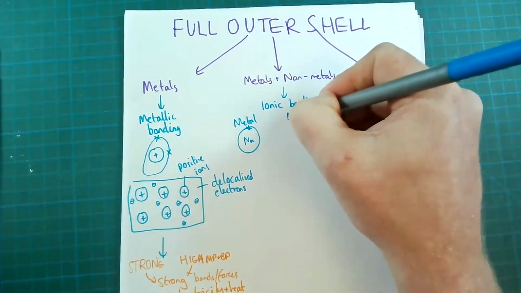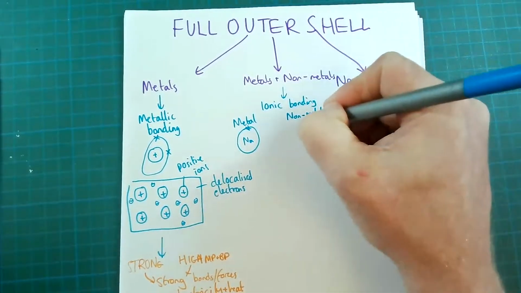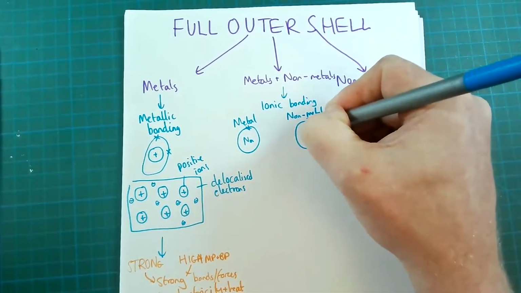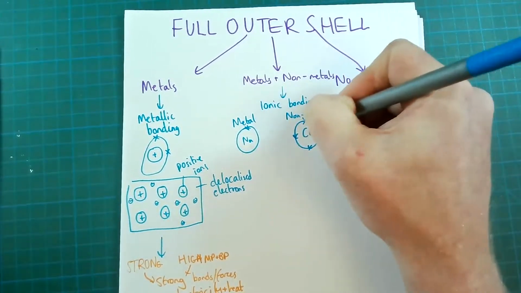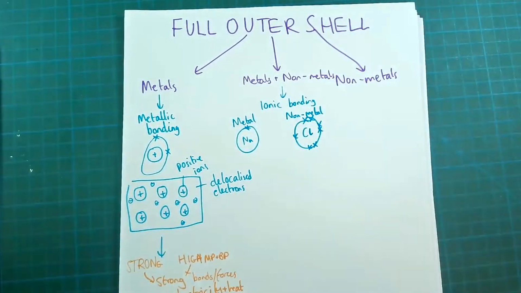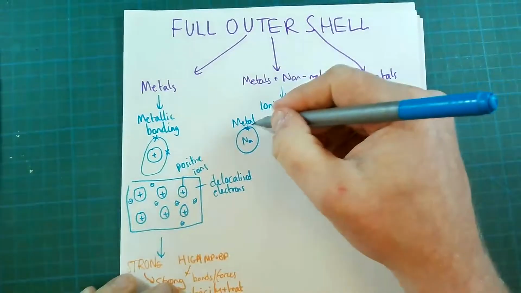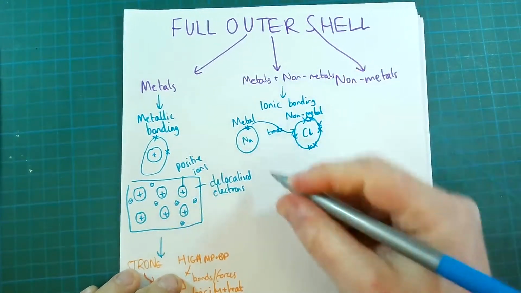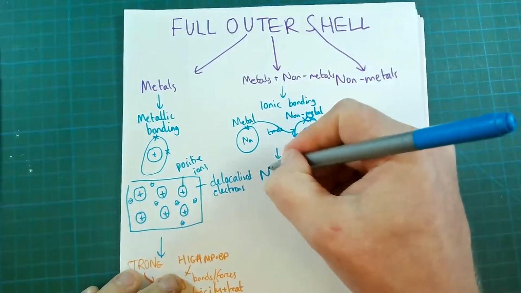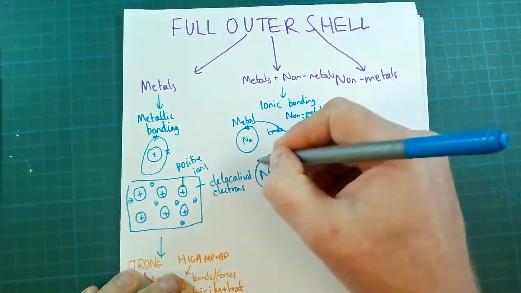And if I've got a non-metal, something like chlorine, that needs to gain 1. And they do this kind of swap, and we end up with nothing on the outside.